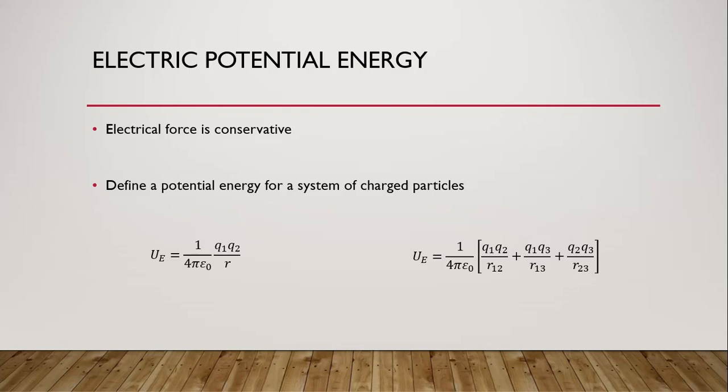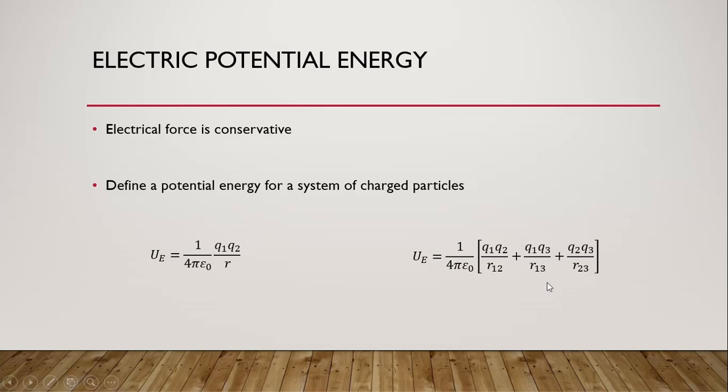So we can define potential energy in terms of two charges as 1 over 4 pi epsilon naught Q1 Q2 over R, and you can prove this is true by looking at force. Remember that force is the negative derivative of potential energy, which would work.